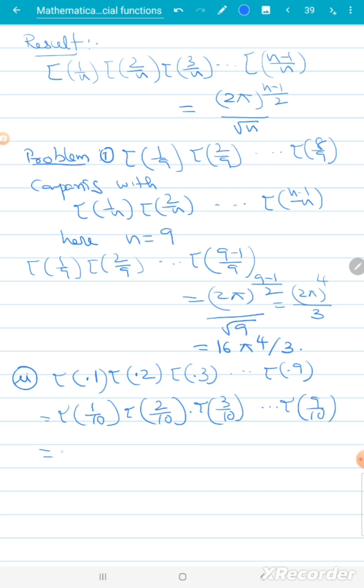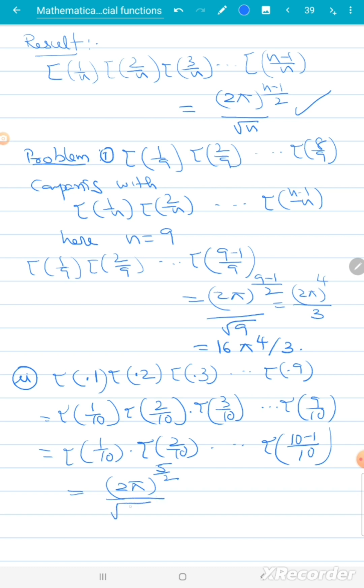So this is by the gamma of n minus 1 by n formula equal to 2 pi to the power of n minus 1 by 2 by root n. n is 10, 10 minus 1 is 9, so 2 pi to the power of 9 by 2 by root 10.